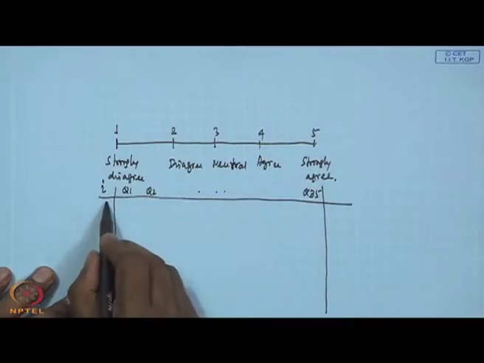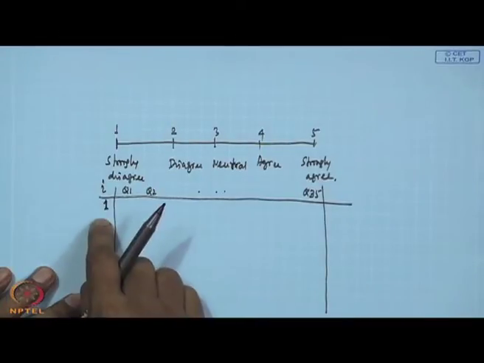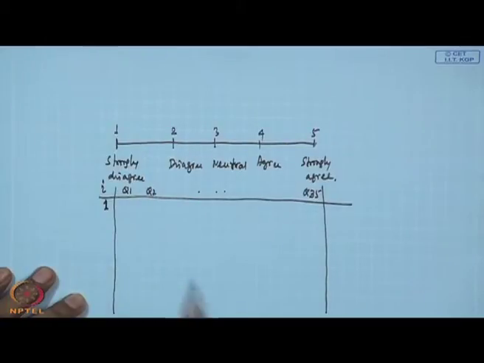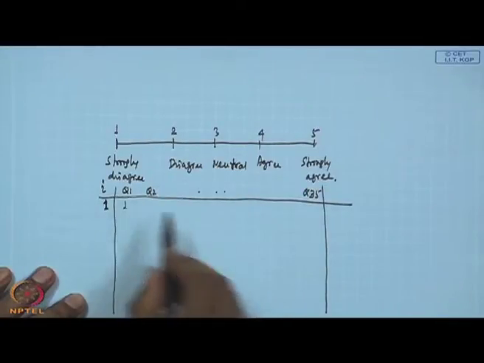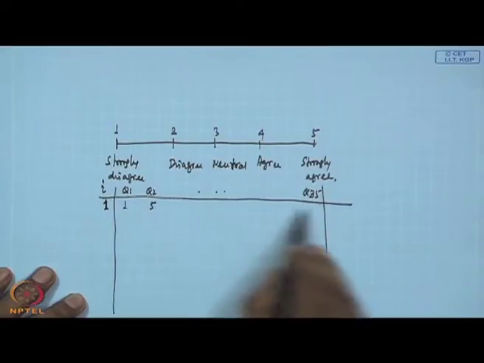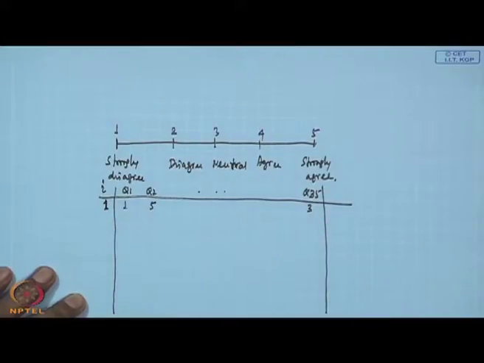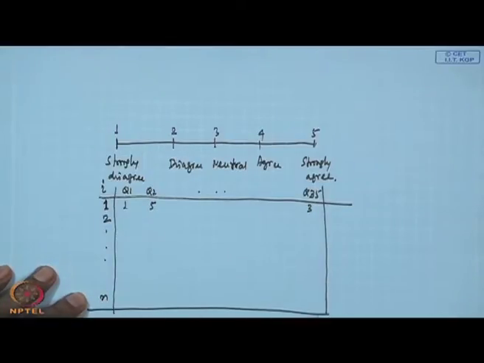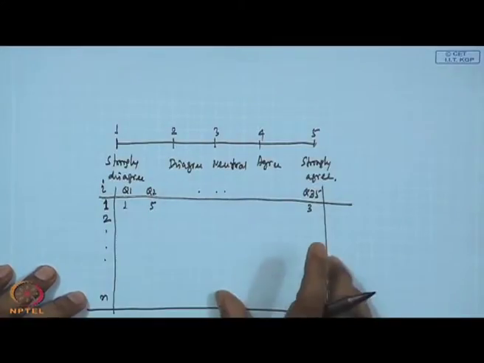Then for every respondent, suppose for the first question he completely disagrees, then the value will be 1. For the second question, suppose he completely agrees, then the value will be 5. Similarly, for the last question he may neither agree nor disagree, neutral. So, the value will be like this. In this manner, suppose n number of persons were asked the 35 questions, and they have given their responses.